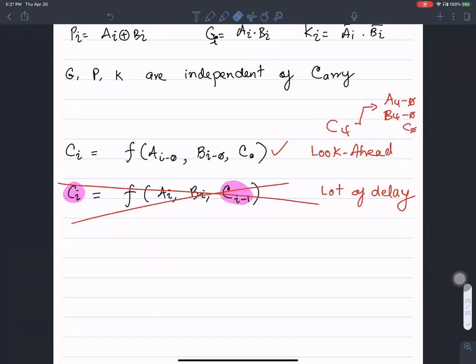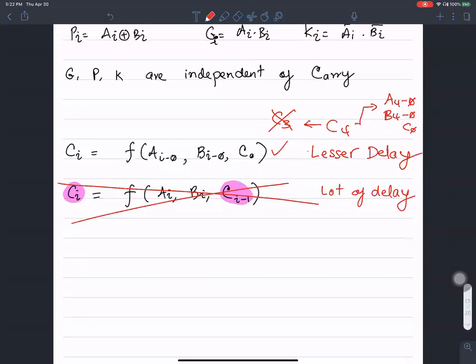There is no C3 term over here. So that's a better design. This has a lesser delay. Okay, so that's the idea.